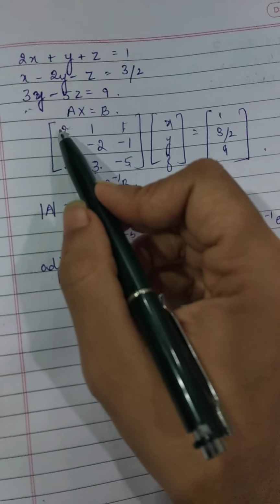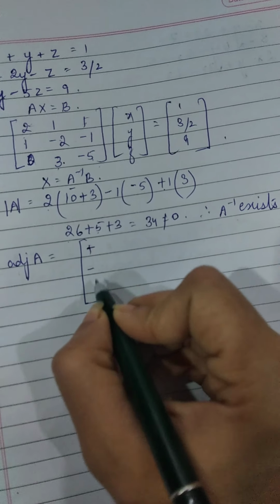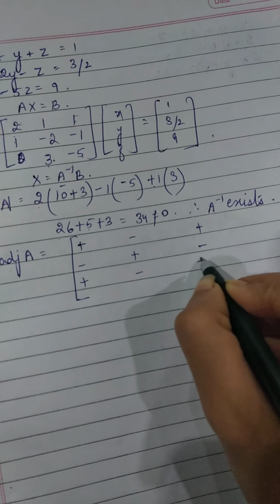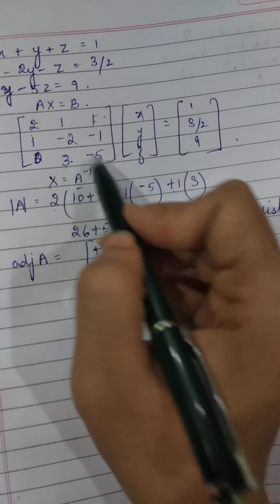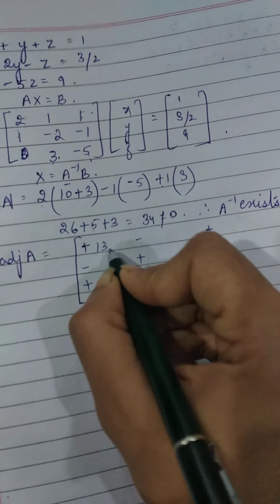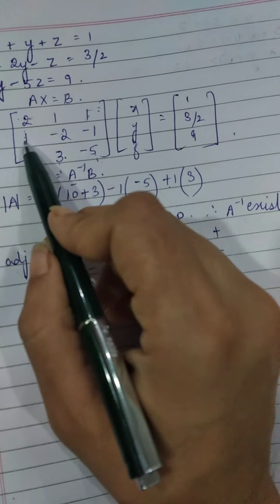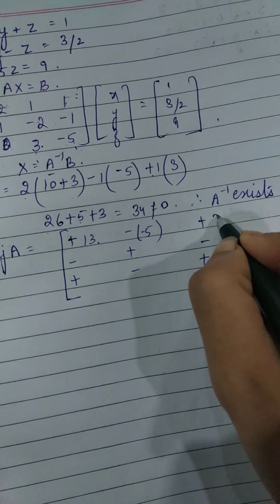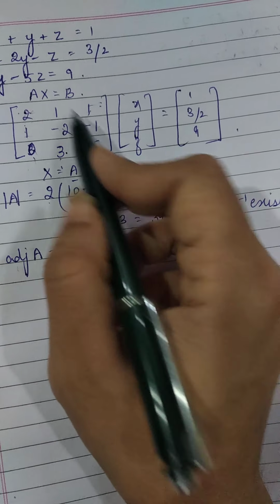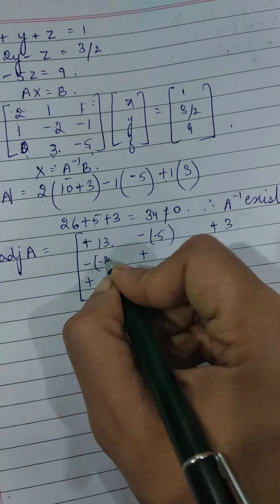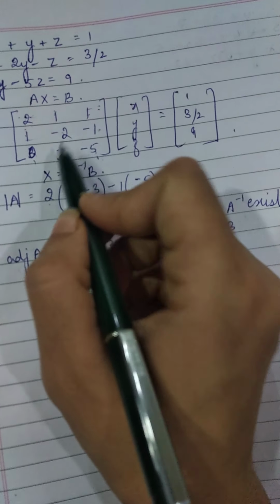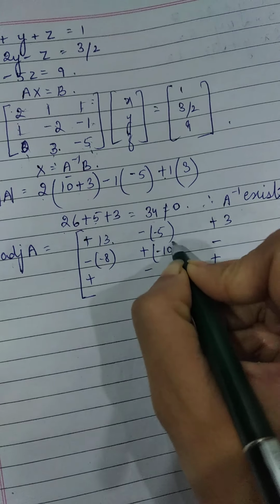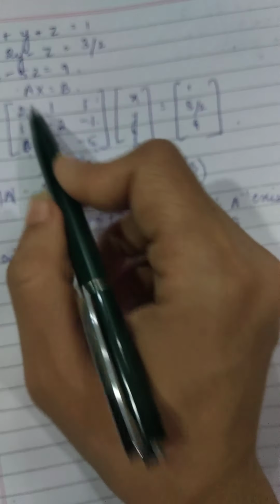So our next step would be to find the adjoint of A. Remember, we'll be finding the adjoint. Mark the positional values. Eliminate this, we have 10, that's 13. Eliminate this, this is -5. Eliminate this, this is 3. Likewise, eliminate this: -5, -3, -8. Eliminate this, we have -10. Eliminate this, we have 6.